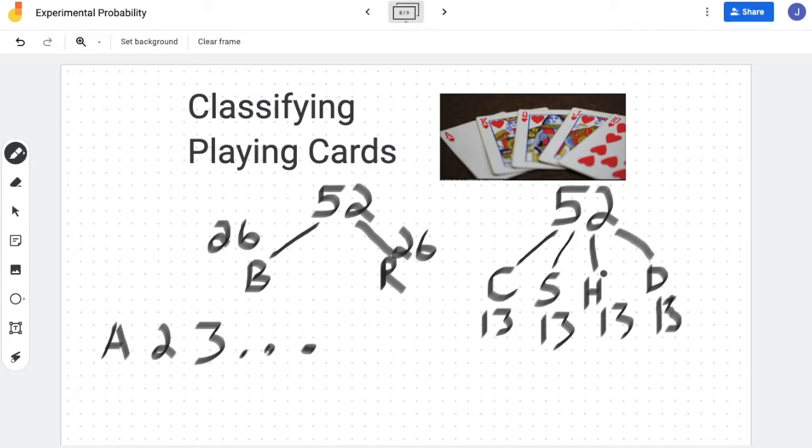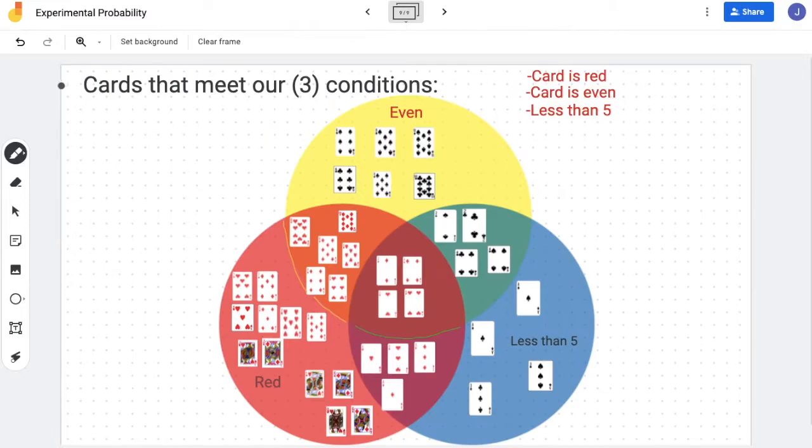For this, I'm going to be looking at 3 separate conditions today. One of them will be red cards, one of them will be even cards, and one will be numbers less than 5. And I'm going to show you what that Venn diagram would look like. Here I've done it visually by putting all the possible combinations that meet my 3 conditions: the card is red, the card is even, and it is less than 5.